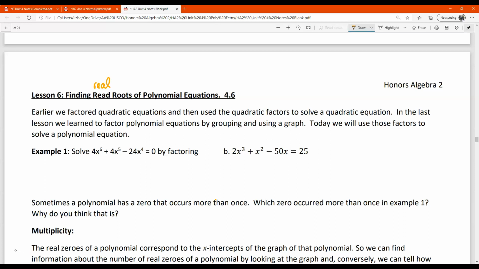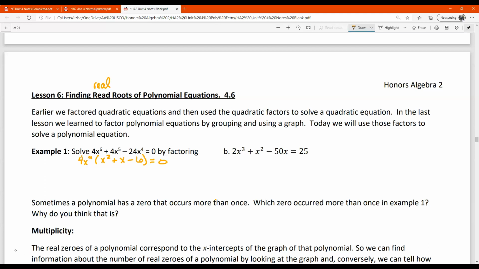In this case, you can see that 4x^4 comes out of every term. So I'm going to take that out, 4x^4, and I'm left with x^2 + x - 6 = 0.